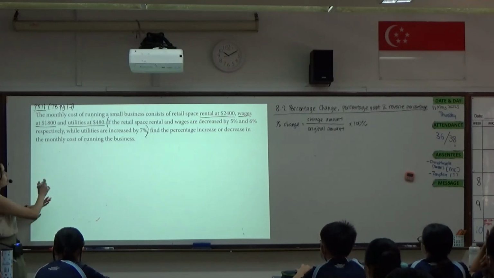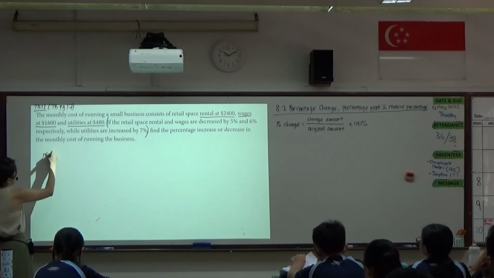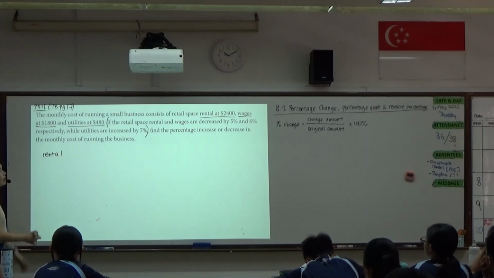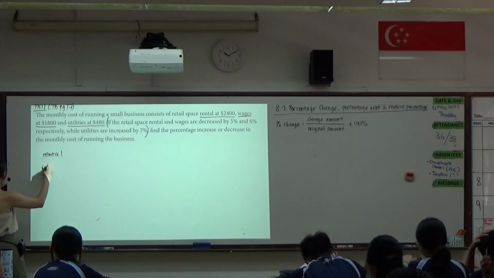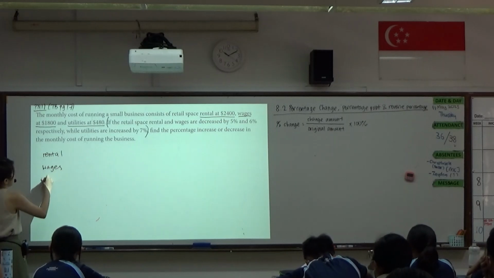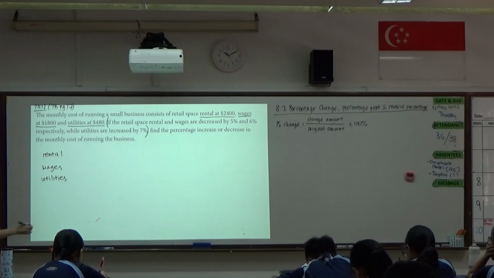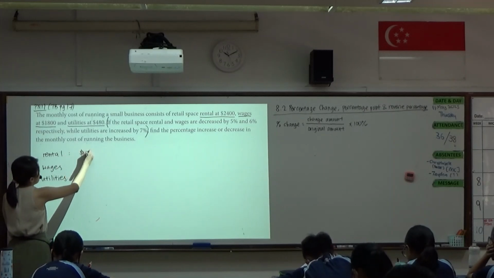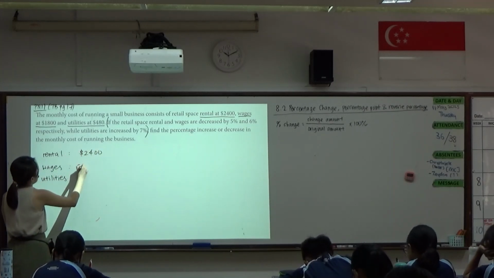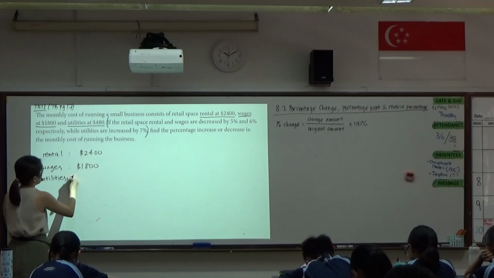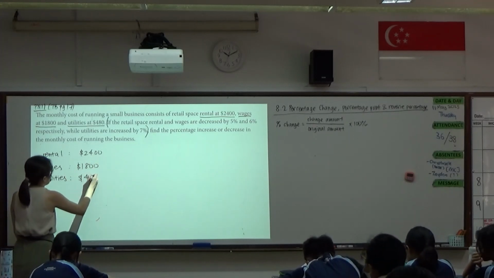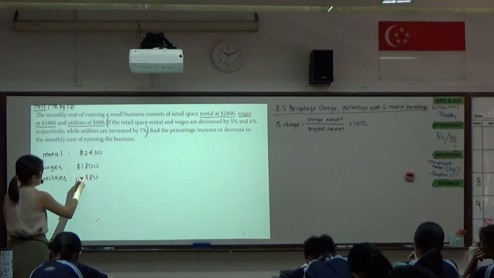I really am not sure about you, but I always find looking at words in sentences like that difficult to actually work on my maths. So I will actually write down that there are 3 aspects. I summarize it: rental, wages, and utilities are the 3 things that we're looking at. So rental was $2,400, wages $1,800, and then utilities $480.